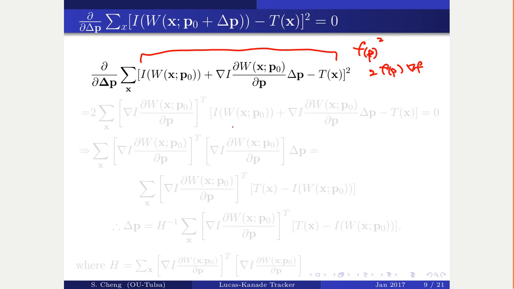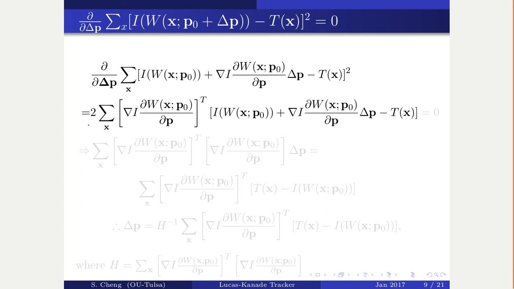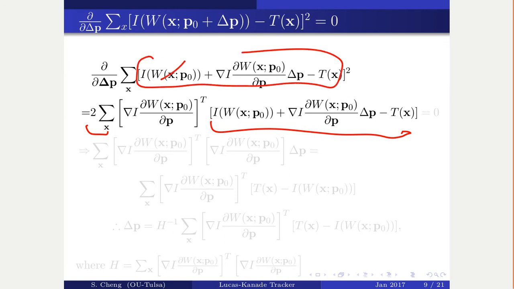So I have this term multiplied by essentially the f(p) here, and the gradient of this. The first term does not depend on delta p, so it's 0. This does not depend on delta p either, and this one is essentially just some constant A times delta p. So if I take the derivative with respect to delta p, it is just equal to this constant A. So I have this here.